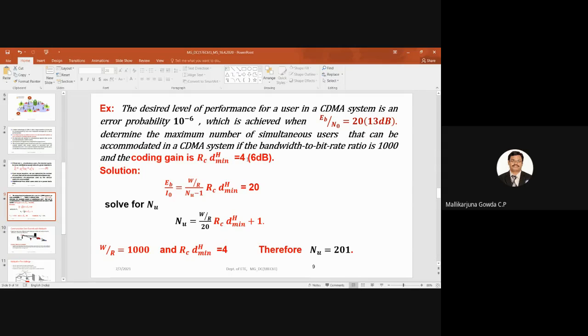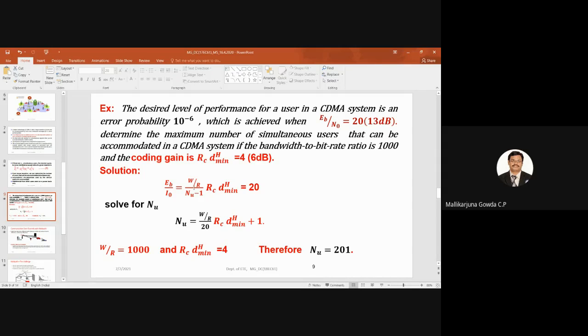I don't know how many of you have understood and remembered that equation. In the last slide yesterday, I said how Eb by I naught is related to the coding gain.